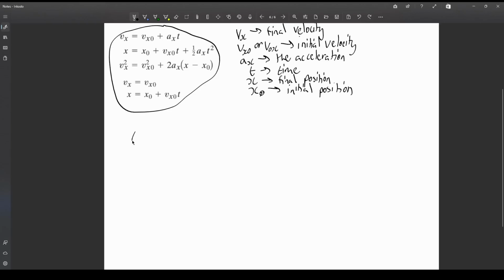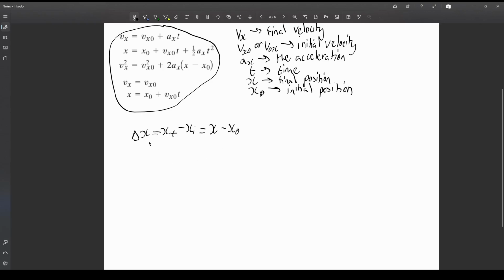Okay, so some key things to look at is what does the delta symbol mean? Delta means change in. So when I say change in x, I mean x final minus x initial, which is also equal to, in this case, x minus x naught.